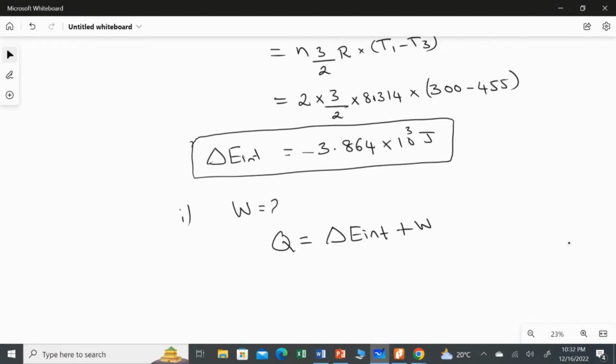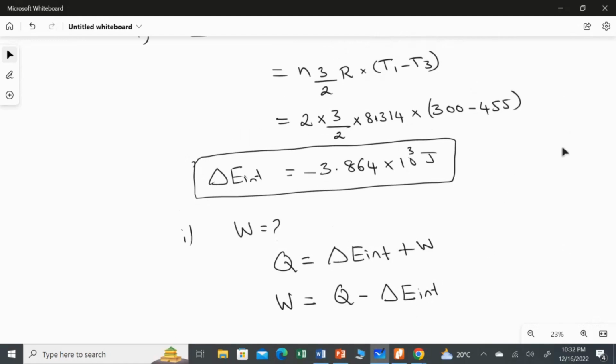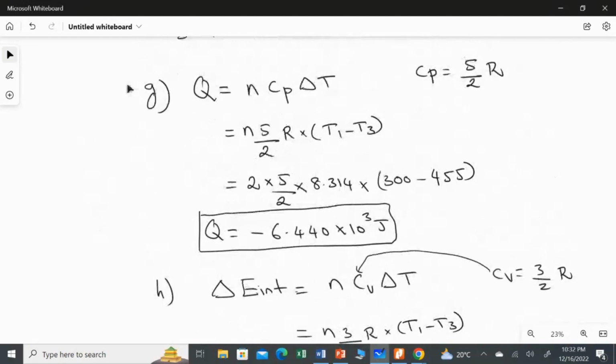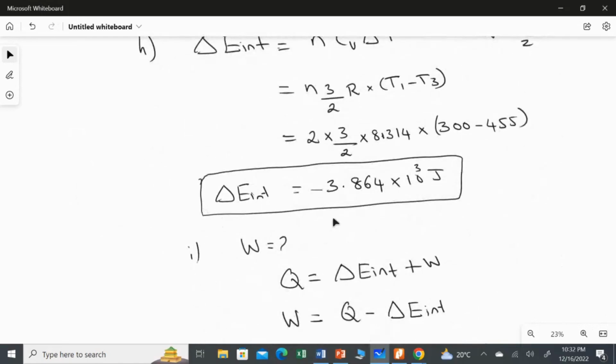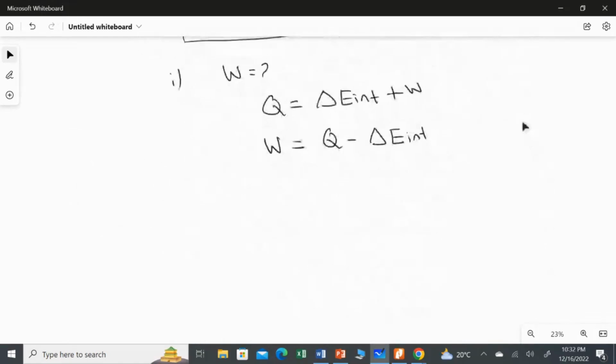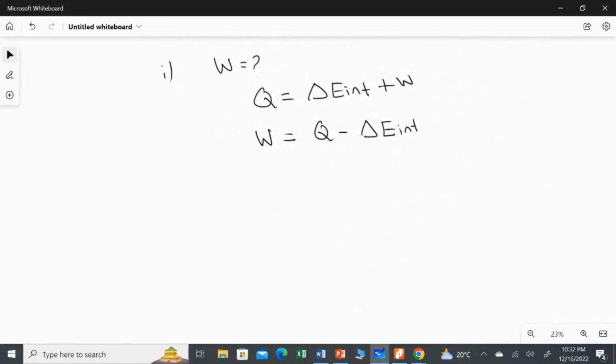So this time we are going to find the work done. I have to rearrange this equation in terms of work done. Therefore work done is equal to Q minus the change in internal energy, since when you move the change in internal energy to the left hand side, it takes the negative sign. And here we have the answers for Q and the change in internal energy from parts G and H. For the G part we have minus 6.440 times 10 to the power 3, and the change in internal energy we got minus 3.864. I'm going to substitute the values here.